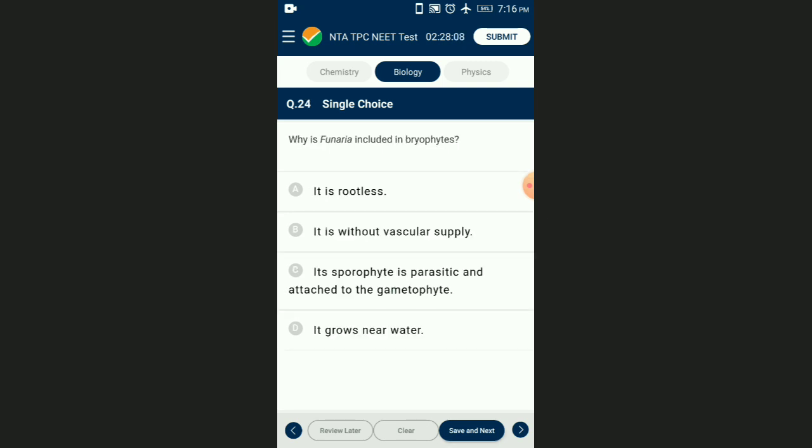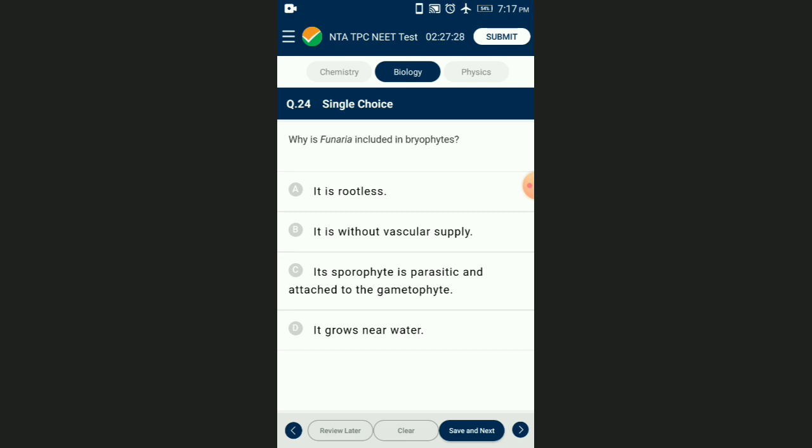Question number 24. Why is Funaria included in bryophytes? Division Bryophyta is also known as the amphibian of the plant group. They are more evolved than Thallophyta members. They have an undifferentiated body organization which is a haploid gametophyte. However, root-like rhizoids are seen.